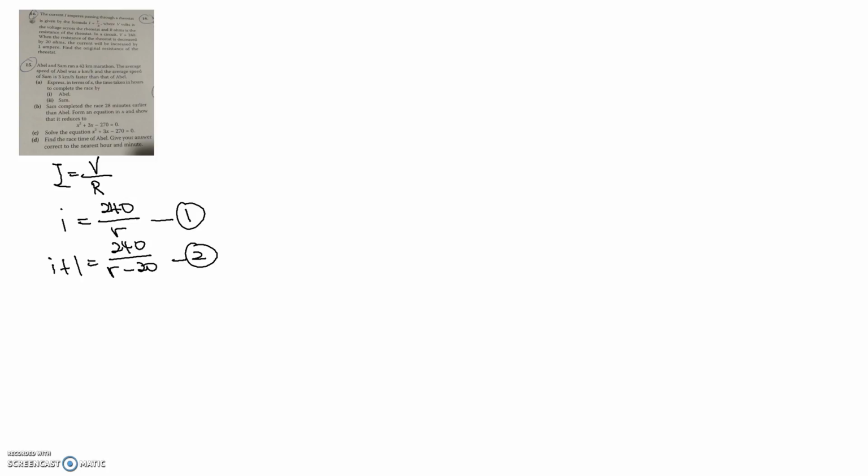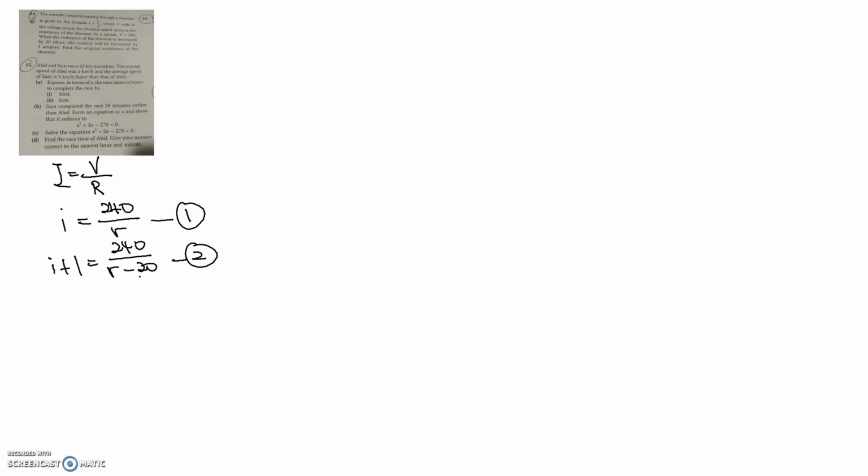When V equals 240, the unknowns I and R are there, so we just assume that's I and R. But when the resistance R is reduced by 20, the current goes up by 1 ampere. So right now we need to look for the original resistance. How do we find it?